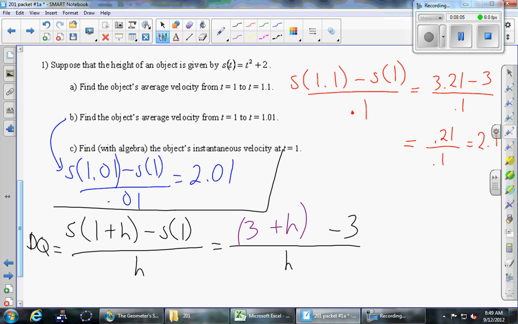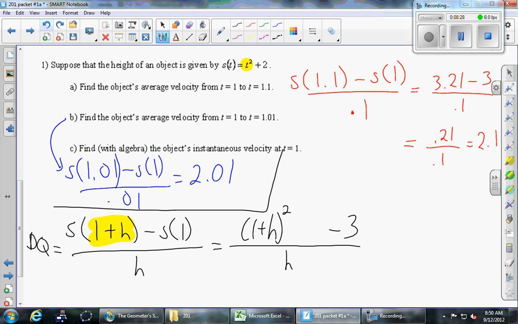What we need to do is really plug in 1 plus H to our function. So let's try that here. This 1 plus H is going in for that T, and if there were other T's up there, it would go in for all the T's. So this thing becomes, let's see, it was T squared, so what should it be down here? Should be 1 plus H squared.